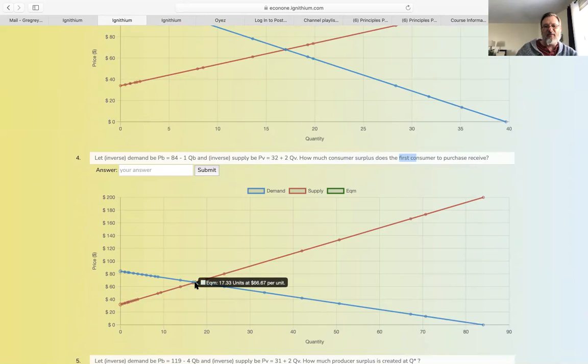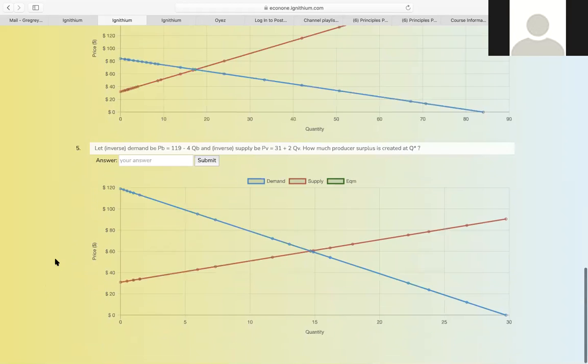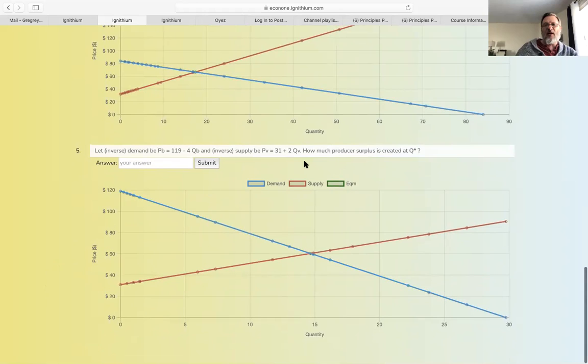So it should be 83 minus 66.67, right? You have to refer back to that graph I showed you a minute ago. You're measuring the distance between the equilibrium price and the willingness to pay of that first consumer. Okay?